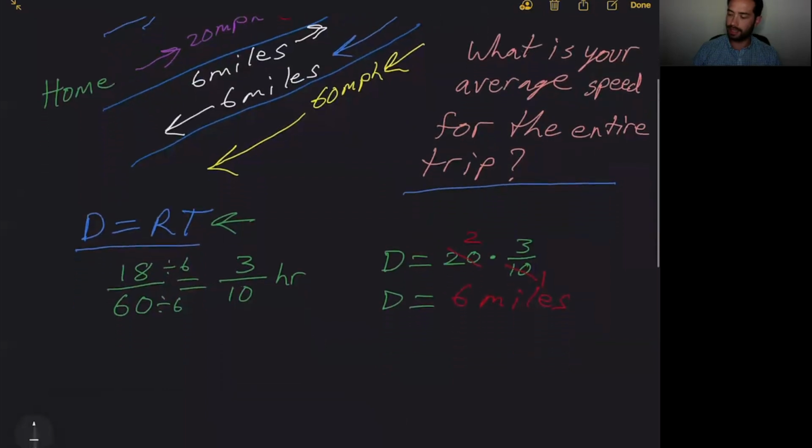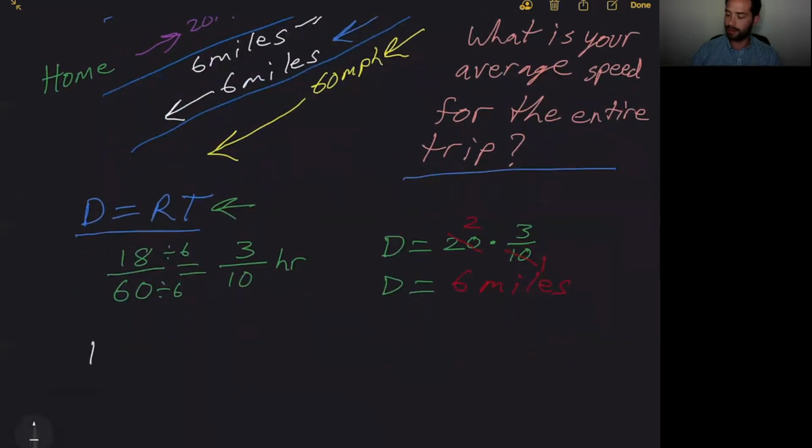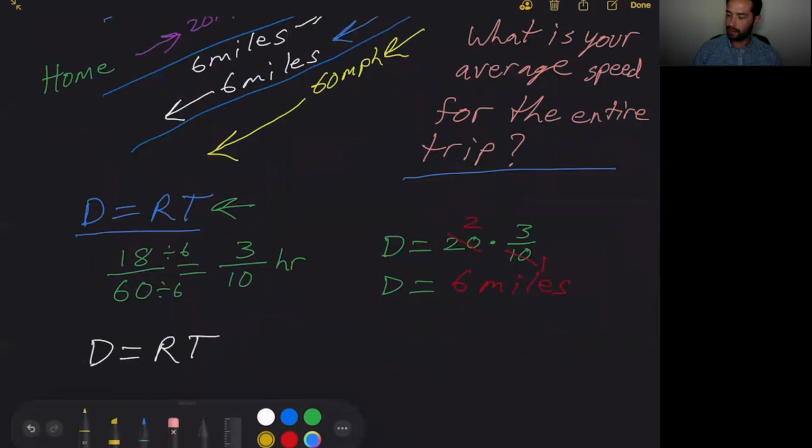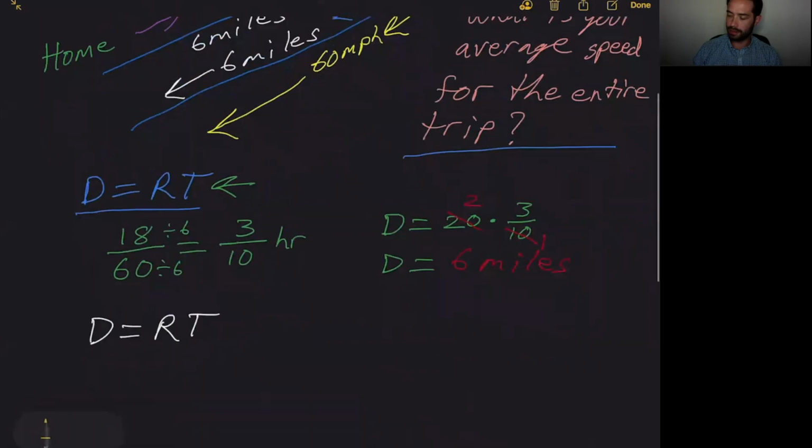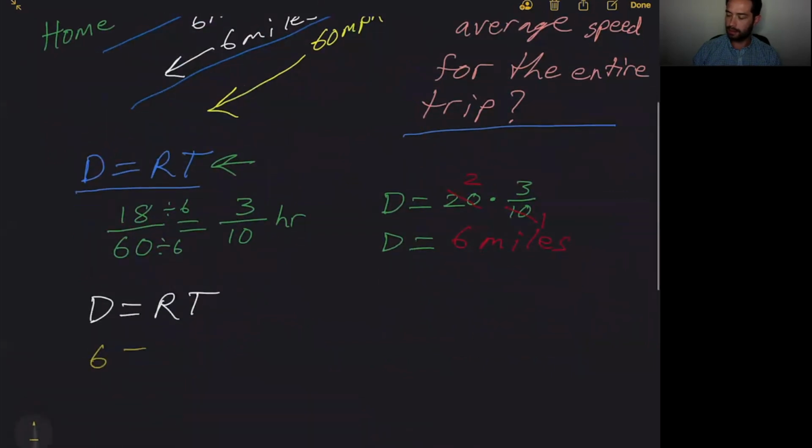So again, I bust out my trusty formula here. Distance equals rate times time. I know that my distance was the 6 miles and my rate was 60 miles per hour, and the time is the thing that I don't know.